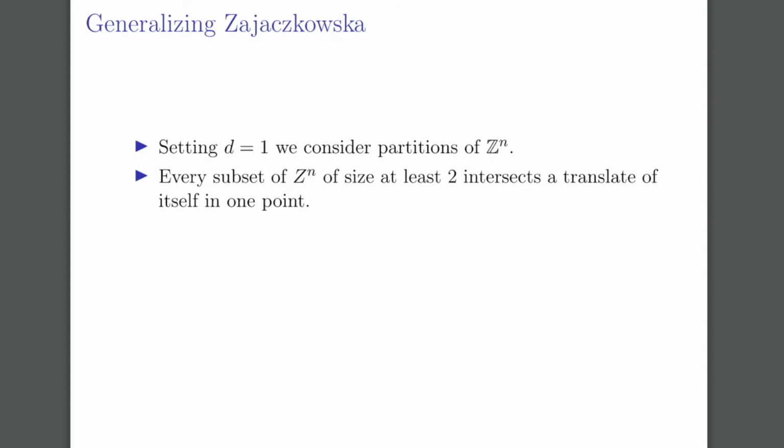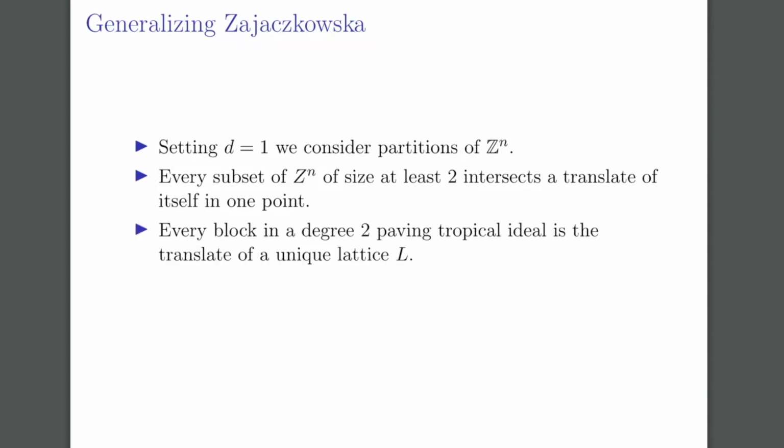And so if I had any block of size at least 2, then this thing is not 1-sparse, because I can translate it to intersect itself always in one point. So if I have a non-trivial degree 2 paving tropical ideal, then I immediately recover a lattice for every block that's of size 2 or greater.